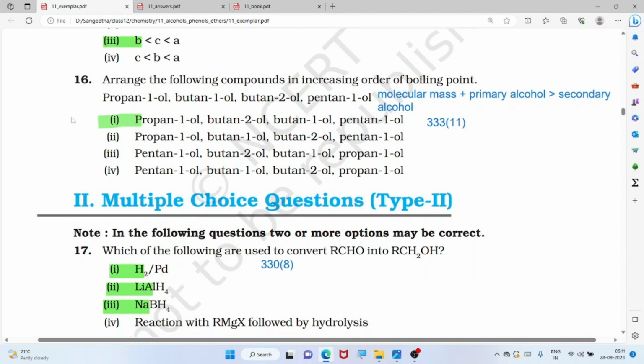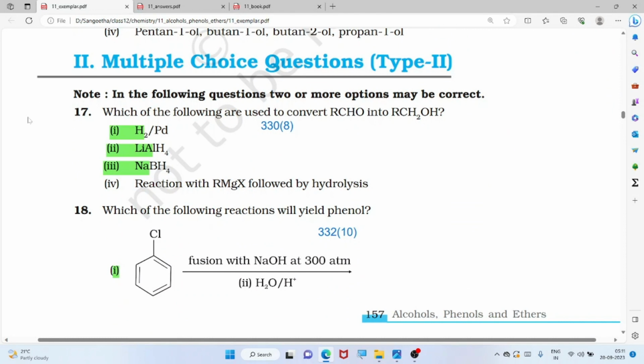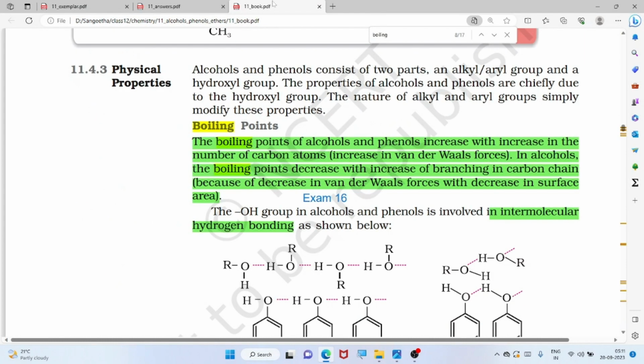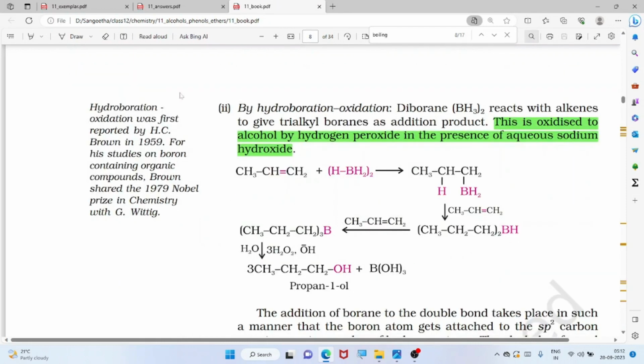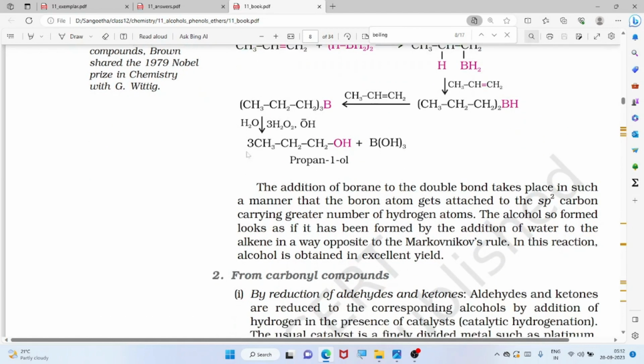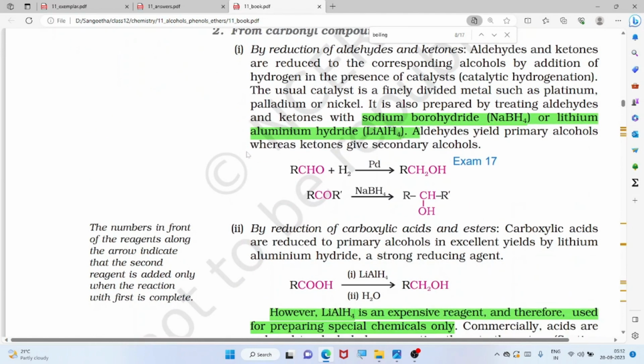Okay, multiple choice questions. Which of the following are used to convert this aldehyde into the alcohol? Aldehyde to alcohol conversion here.